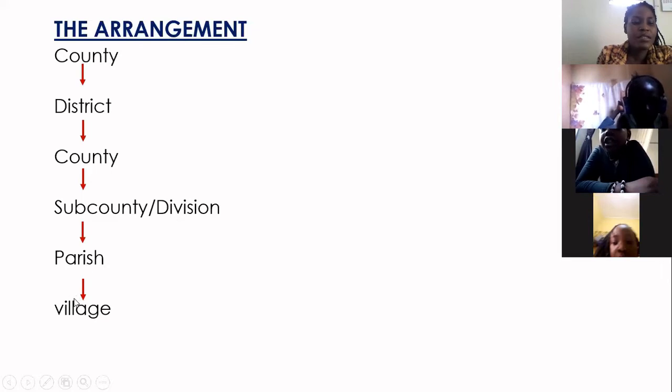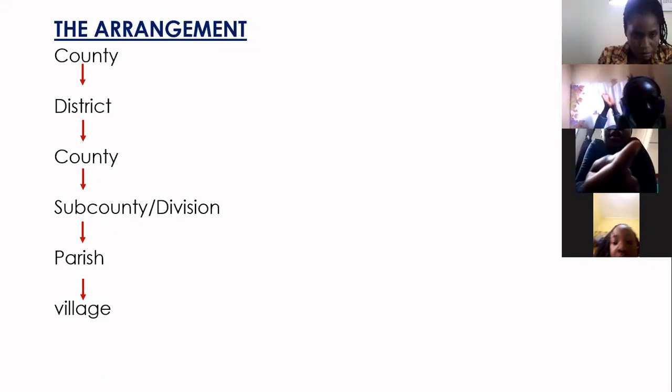Many villages will form a parish. Then many parishes will form a sub-county, or what we call a division. Then when we combine very many divisions or sub-counties, we are going to make a county.